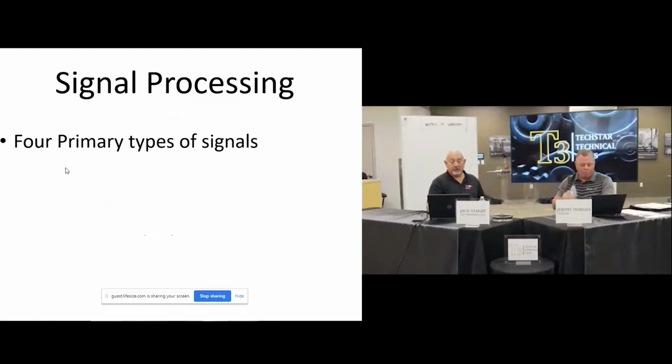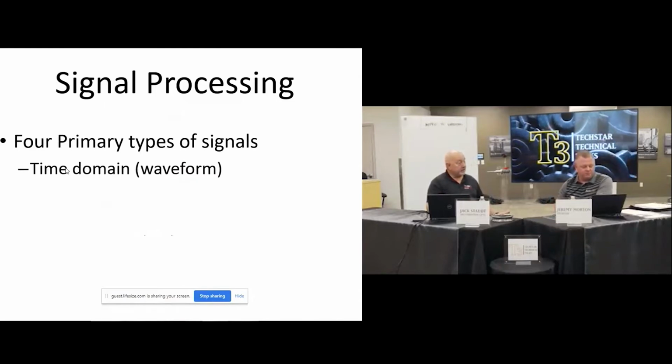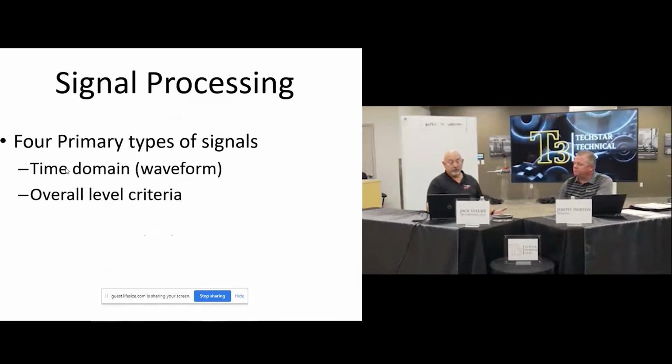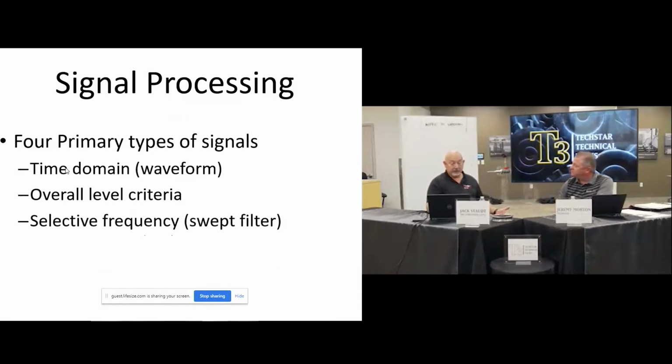So we talk about signal processing, the 4 primary types of signaling. We have our time domain, which is our waveform. We use our overall level criteria, selective frequency sweep filters. In other words, we go in and we say we just want to look at the one-time vibration, so we filter out everything else.